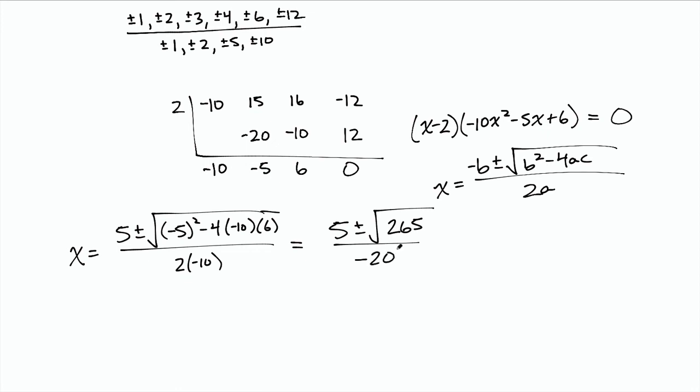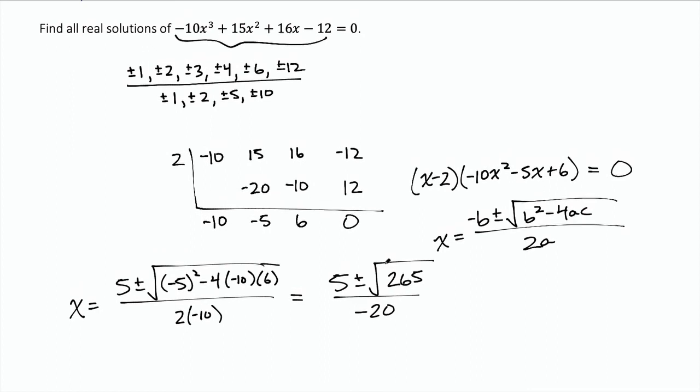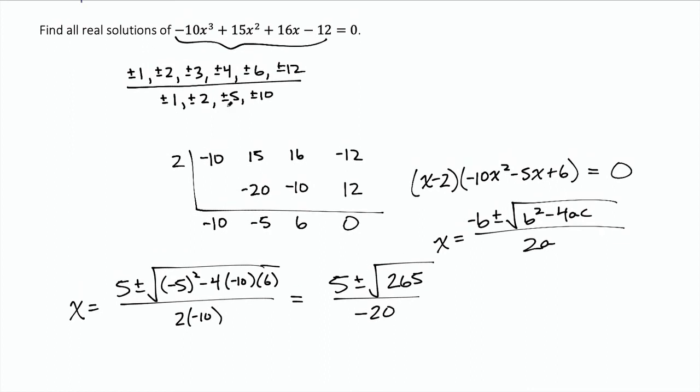And now we've got these 2 solutions: 5 plus the square root of 265 over negative 20, and 5 minus the square root of 265 over negative 20. And of course, these are not rational numbers because you've got this square root, and that's not a perfect square. And so these were not even in the list here.